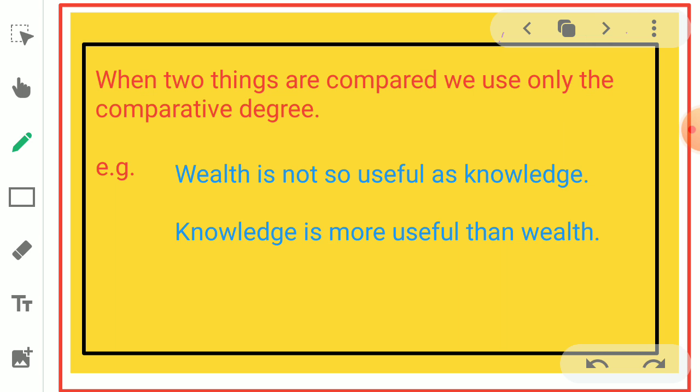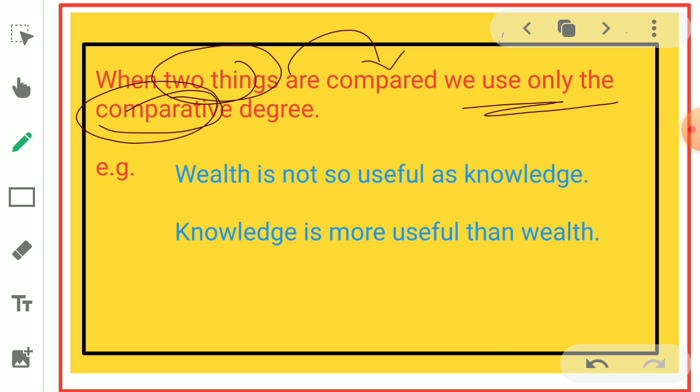When two things are compared, we use only the comparative degree. When there are two things in comparison, we have to use the comparative degree. See, for example, wealth is not so useful as knowledge.